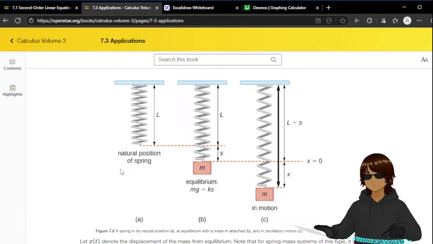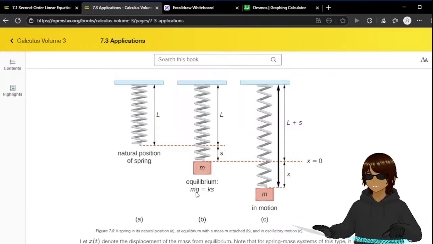So we have the natural position, we have equilibrium, mg is equal to ks. The upward force by the spring on the mass, the spring is pushing the mass upwards and it's proportional to the distance.